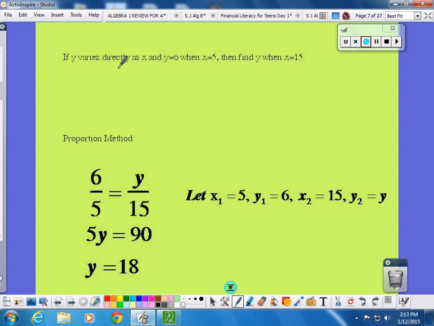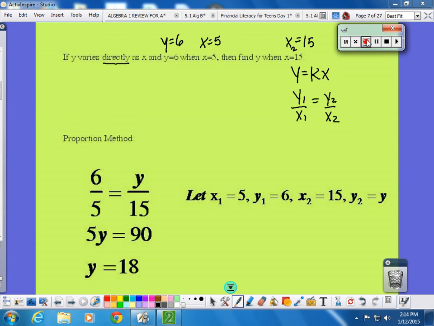This says y varies directly. So again, we think about the equation and we think about the proportion. In case you can't read this, it says that y is 6, x is 5. We're to find y when the second x is 15. What they've already done here for us is substitute into the proportion.